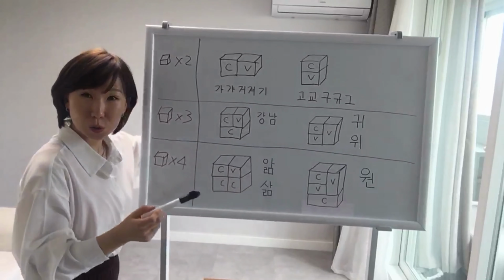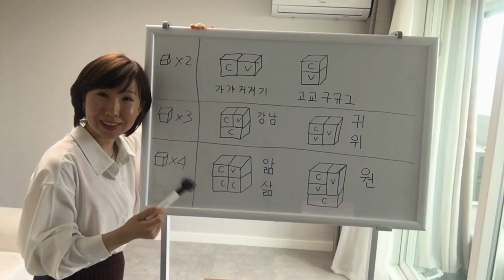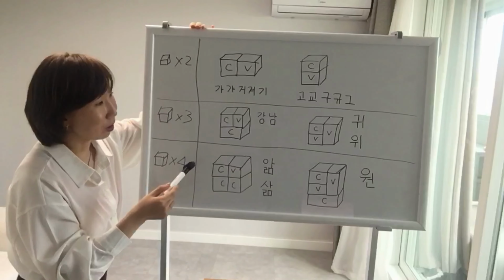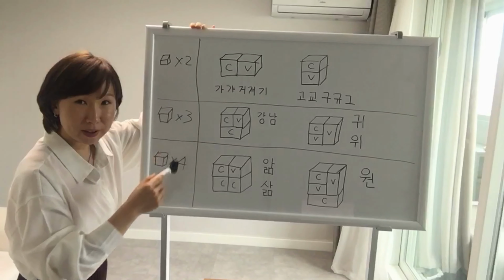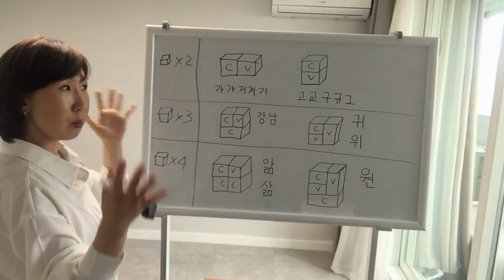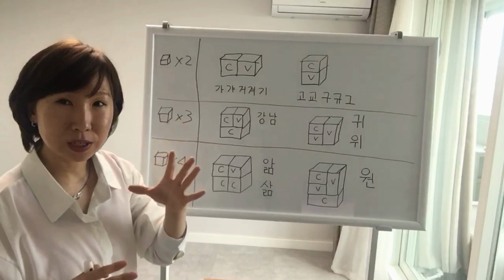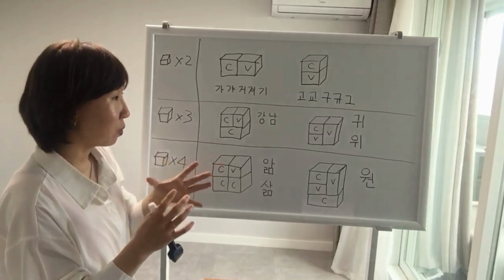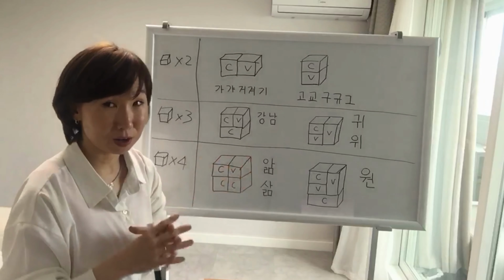Okay, now you might be wondering, what is that, right? So these are for a more advanced way of putting the Korean consonants and vowels together to make more advanced sounds.